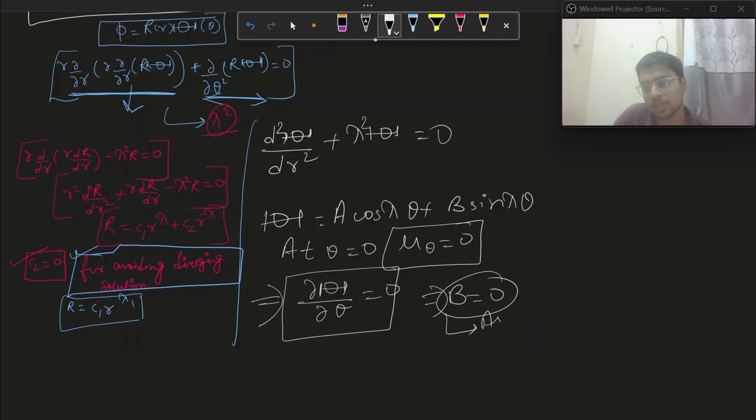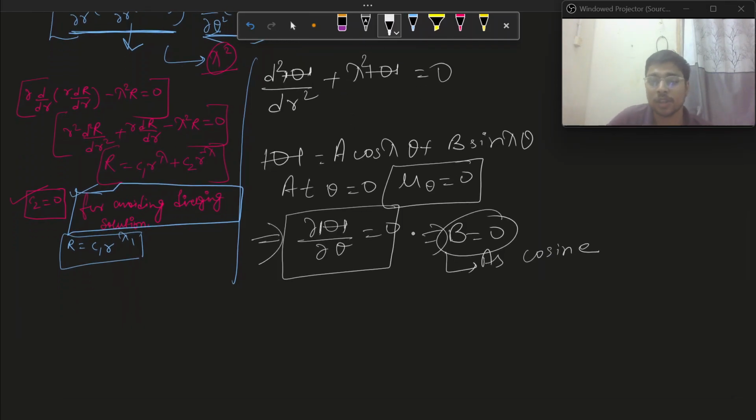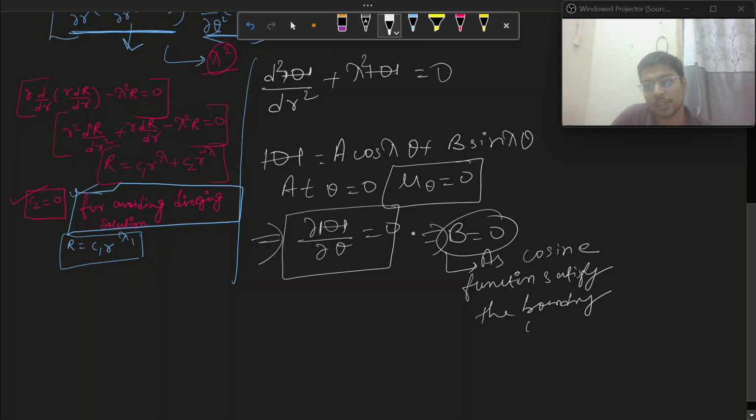Why? As the cosine function satisfies the boundary condition.